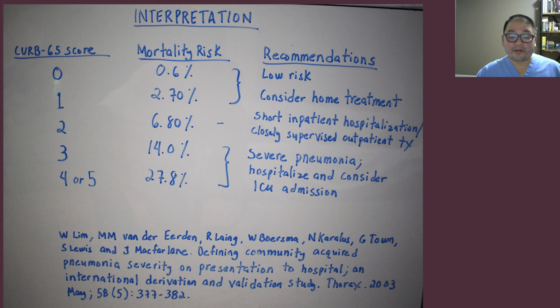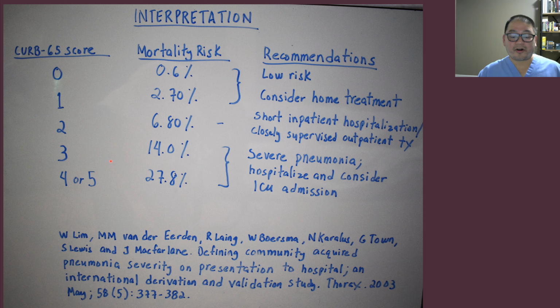Now, to interpret the score of CURB-65, it defines the mortality risk, much like the Pneumonia Severity Index, with the higher the score, the greater the risk of dying. And the cutoff for low risk would be 2, meaning that they can be treated at home or they can be treated very briefly in the hospital.